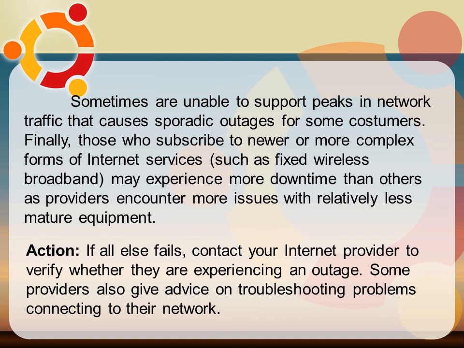Finally, those who subscribe to newer or more complex forms of internet service, such as fixed wireless broadband, may experience more downtime than others as providers encounter more issues with relatively less mature equipment. If all else fails, contact your internet provider to verify whether they are experiencing an outage. Some providers also give advice on troubleshooting problems connecting to their internet.